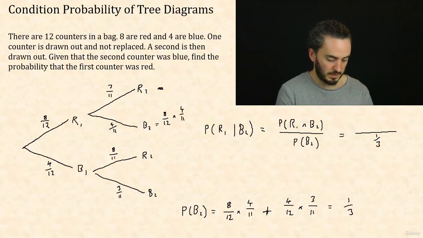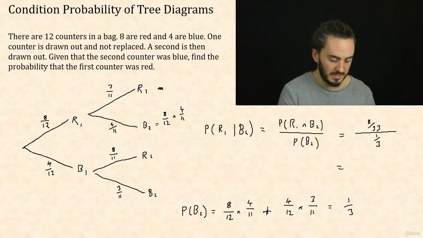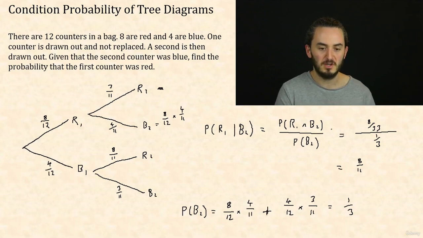So 8/12ths times 4/11ths is 8/33. So that's what goes here, 8/33. So what is that? Well, it's 8/33 divided by 1/3, and the answer is 8/11ths.